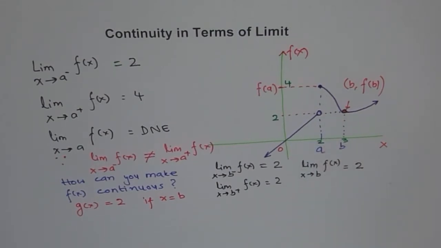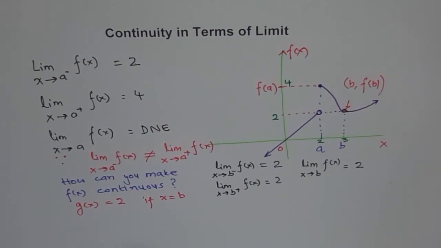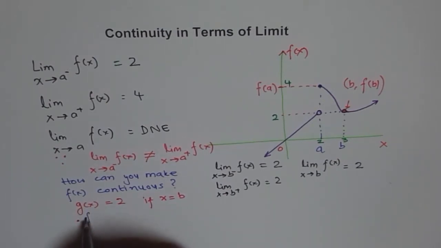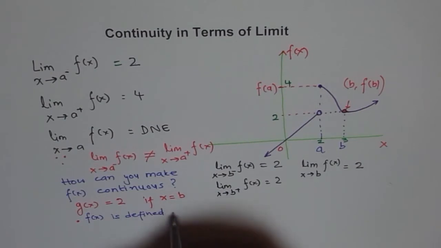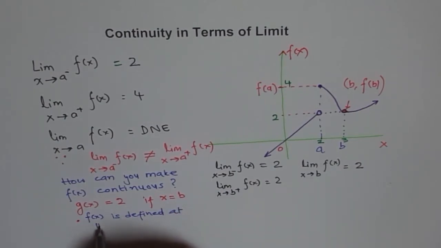So the three things which we now conclude are like this. The first condition is that the function, let me say f of x, is defined at that point, or else it is not continuous at that point.